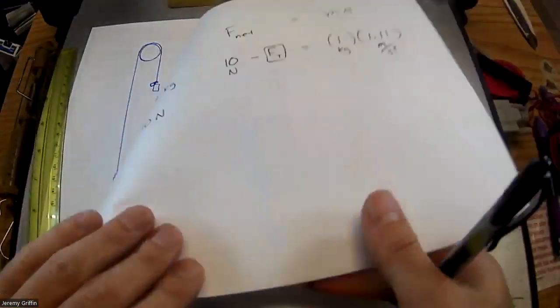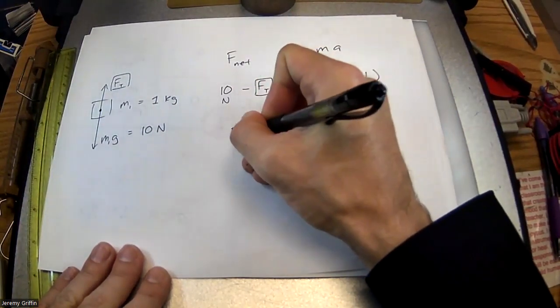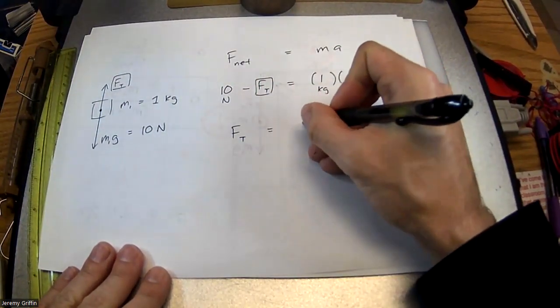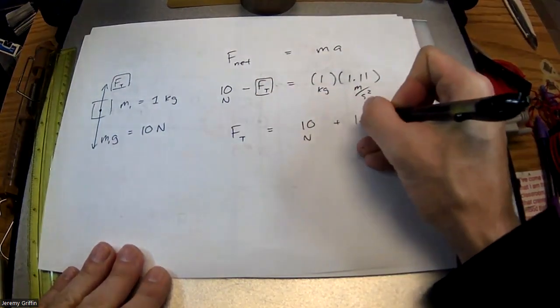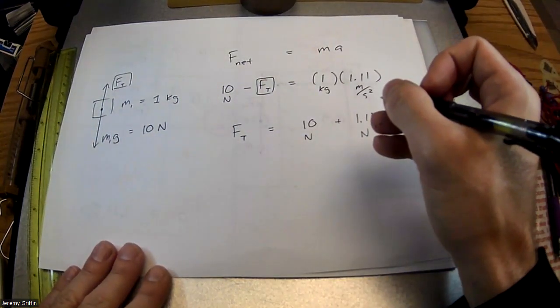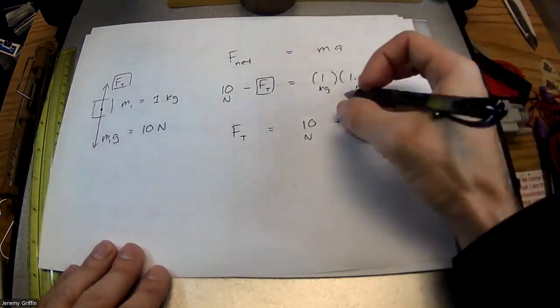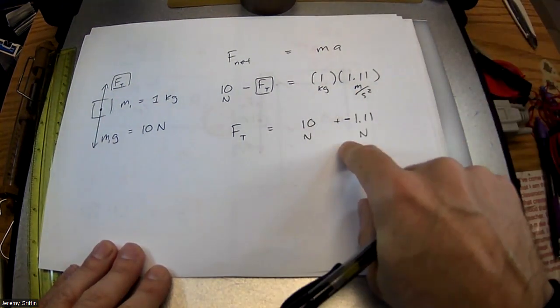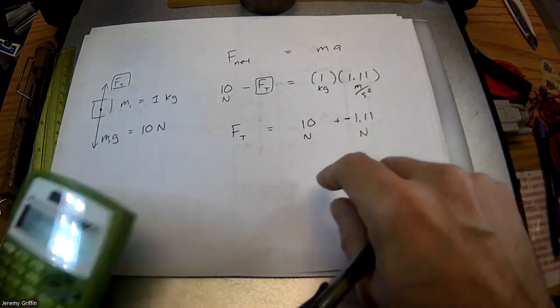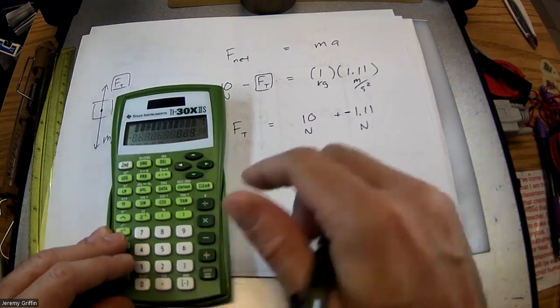All right, so then do a little algebra swap. I'm going to get tension force is equal to 10 newtons plus 1.11 newtons. Hold on a minute, no. It is minus. Oops, got my sign fixed up. Here, minus, right? That's 10 minus 1.11.